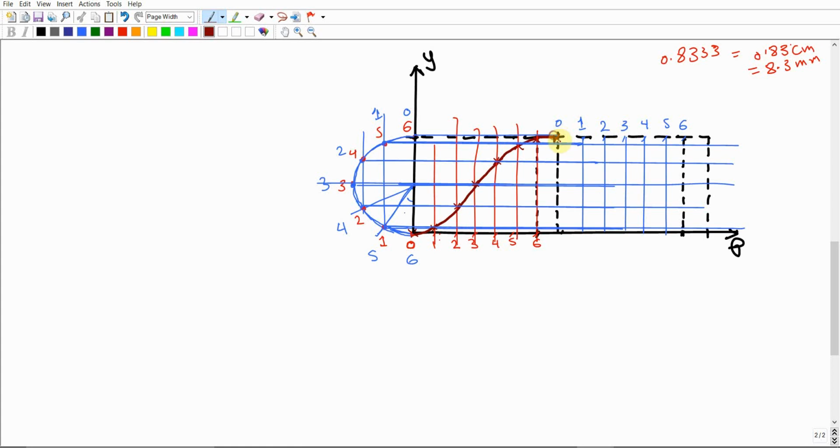The 0 will definitely be one of the points. Then we have the 1 with the 1 line, and they intersect in a point. Then another point for 2, another for 3, another for 4, 5 and 6. Then you connect these points by hand as we did previously, to end up with the simple harmonic motion in the return period.